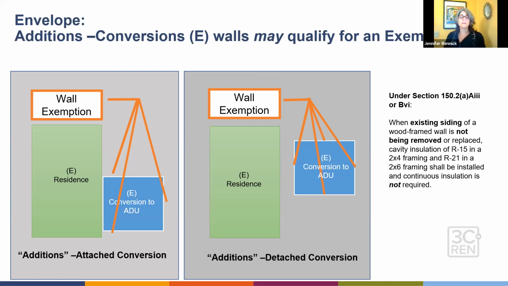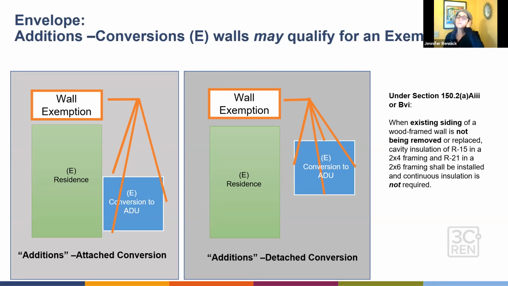So whether that was already an attached part of the building that you converted to the ADU, or whether it was an existing shop or garage that was detached that you converted to an ADU. In both cases, these are considered additions and they have existing walls. So the question comes up, what do you have to do to those existing walls?